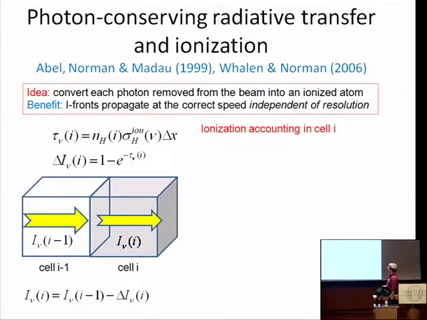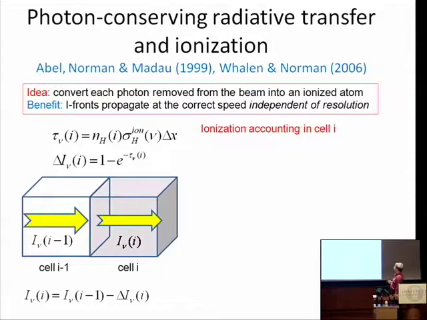And this is what we've also used in this ZEUS-MP code. The idea is very simple. The idea is to convert each photon removed from the beam into an ionized atom. So it's just a bookkeeping thing. And the benefit of this is that the I-fronts propagate at the correct speed, independent of numerical resolution.